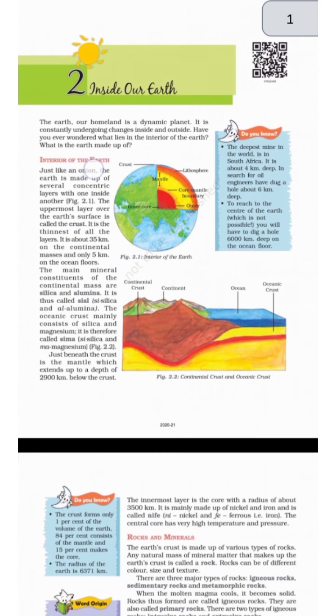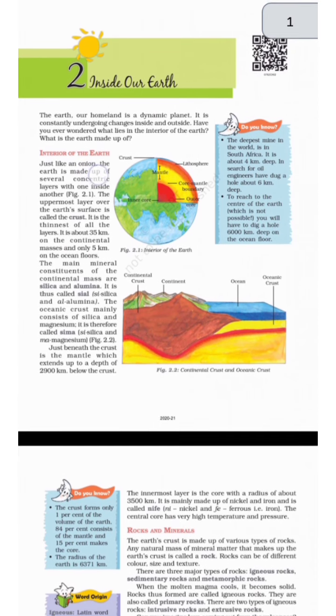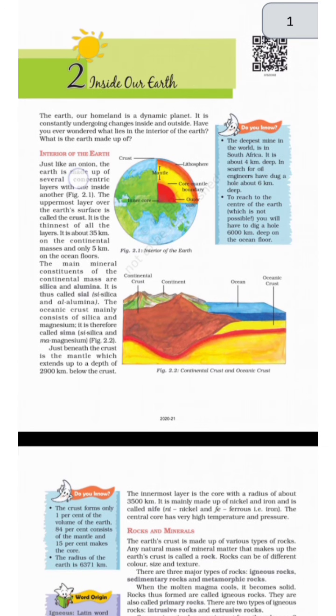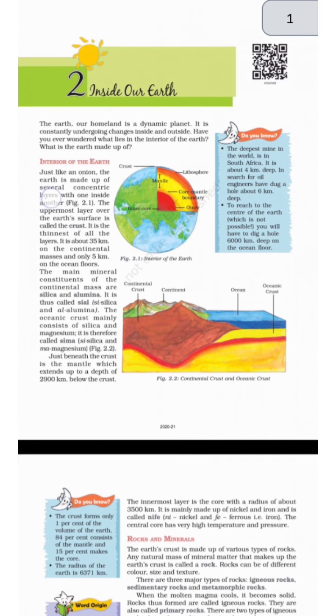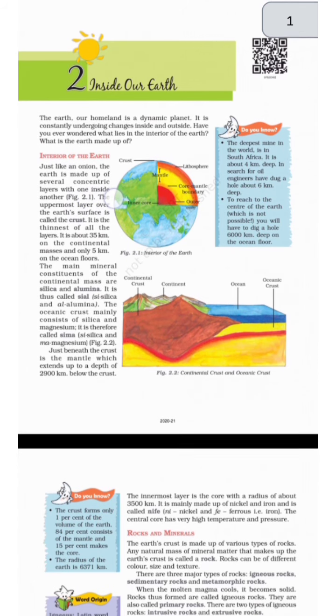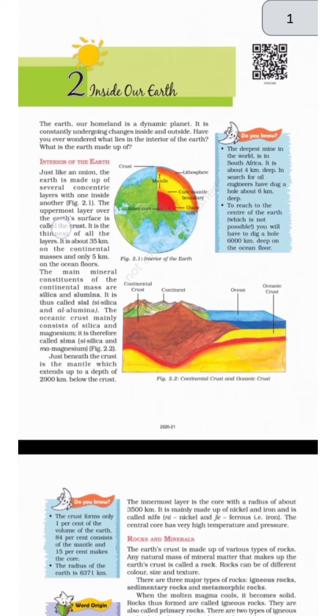Interior of the Earth. Just like an onion, the Earth is made up of several concentric layers with one inside another. The uppermost layer over the Earth's surface is called the crust. It is the thinnest of all the layers.